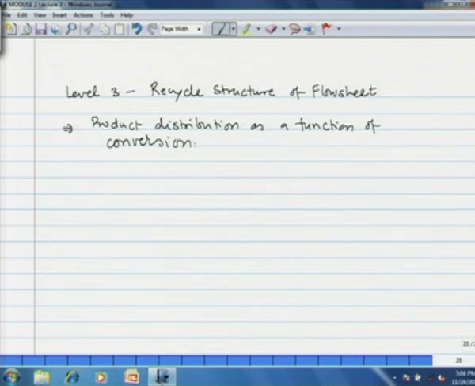And if the desired products are formed at relatively low conversions, then we have the problem of very large amount of unreacted reactant left out at the reactor exit, which we have to separate from products and recycle back to the process. Now, separation and recycling becomes an important aspect of process design.